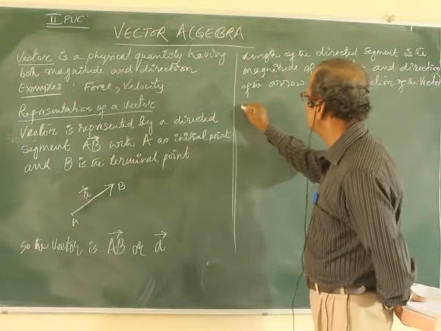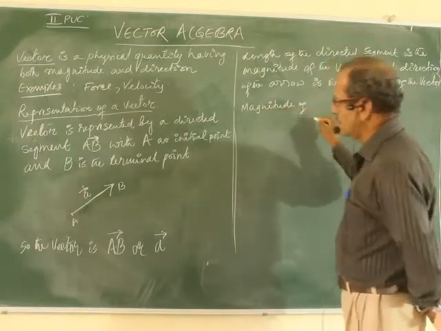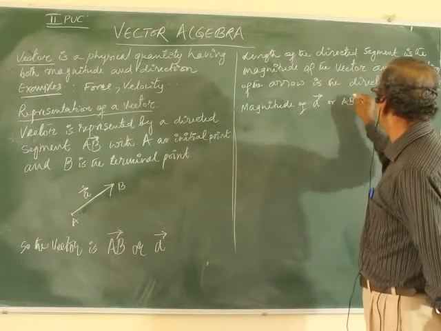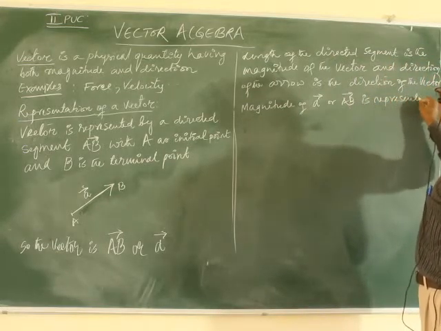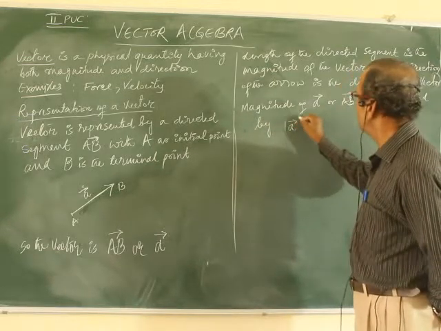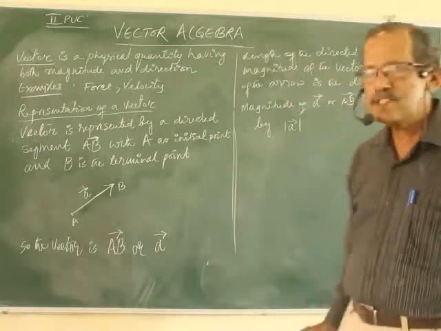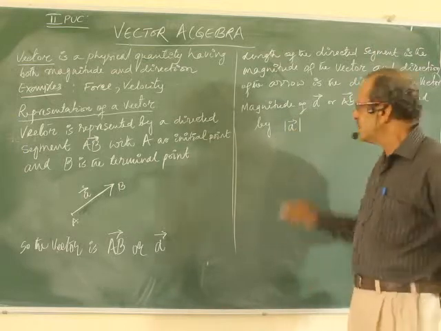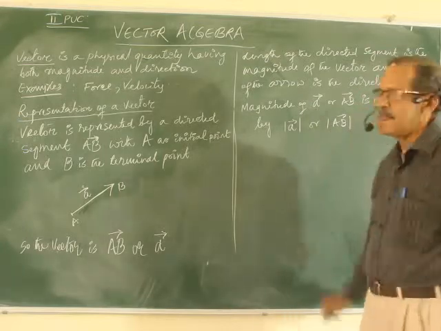Magnitude is written like this. See? Magnitude of vector A or AB is represented by mod A. Mod A means only the magnitude of the vector. Or you can write this one also, like this, mod AB.